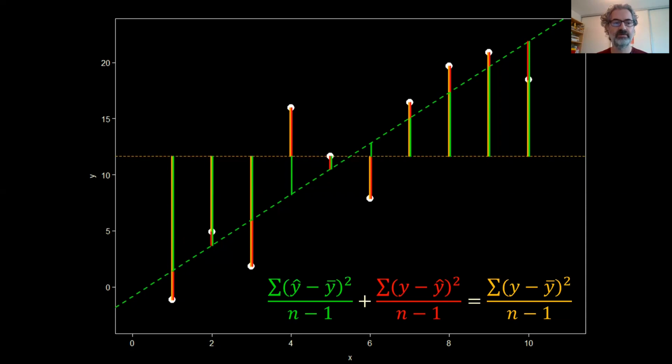And the other part is the red line, which is the residual, how far from the prediction the data point is. And you can see that the orange line is basically made up of these two parts, a predicted part and an unpredicted part. The interesting thing here is that the same additive relationship holds for the variances.